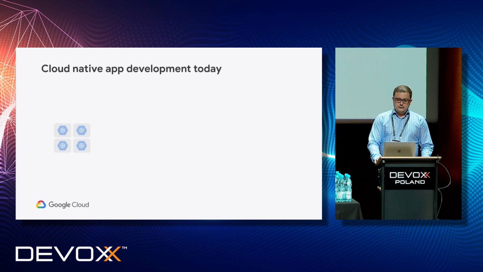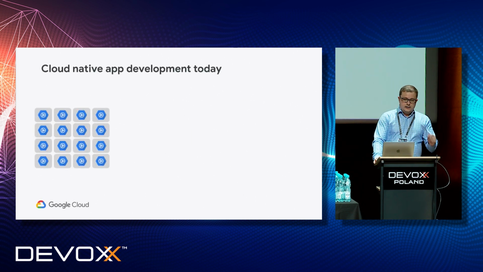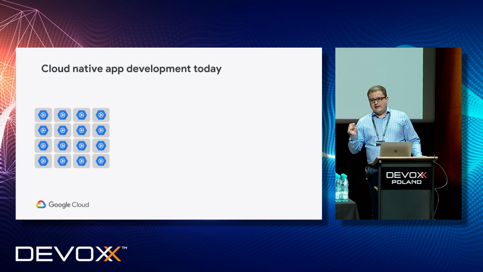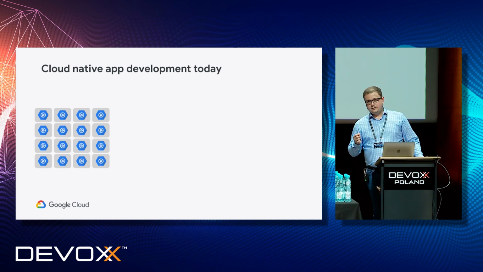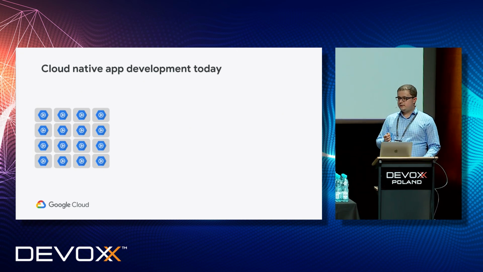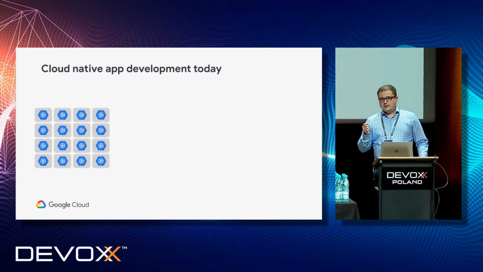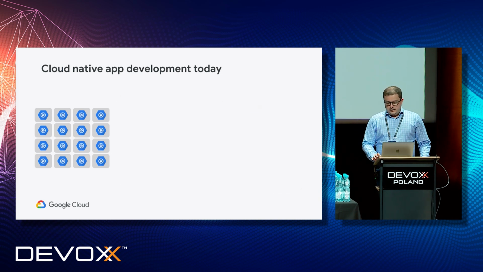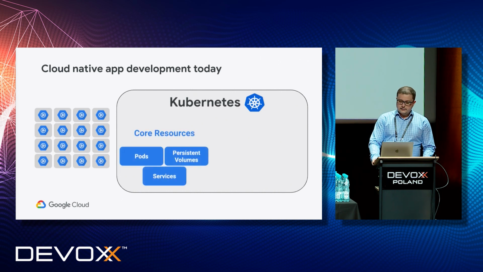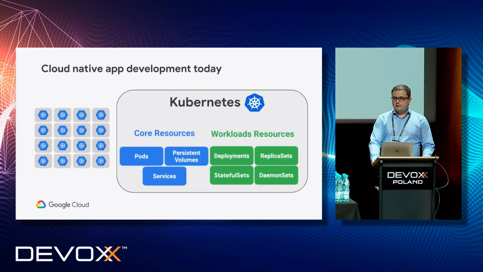So cloud-native applications development today is about building plenty of containers, running those microservices in sometimes a really messy mesh. And this can create a lot of complexity for our environment. So we started with running containers.